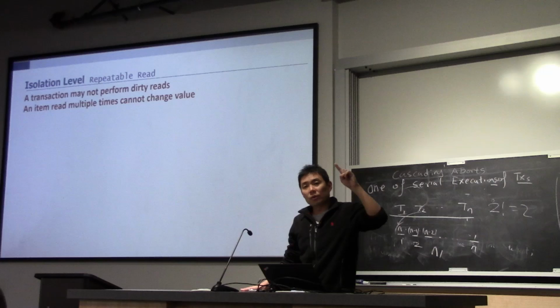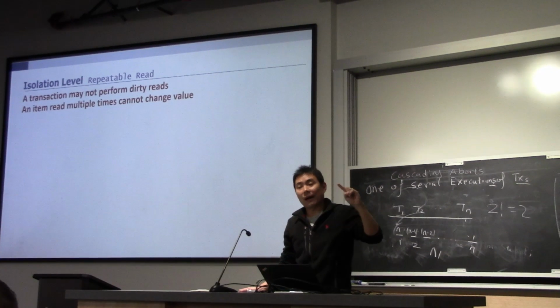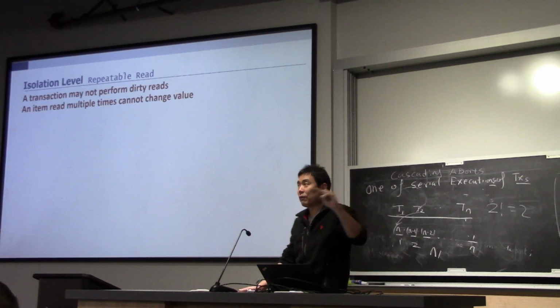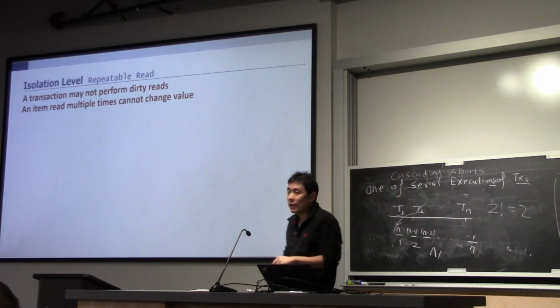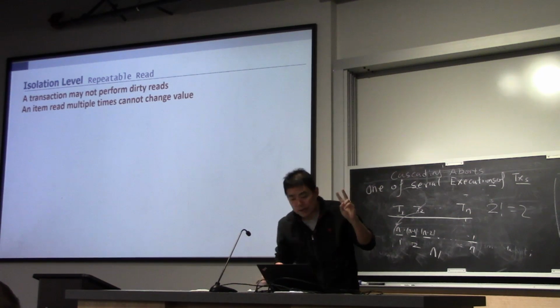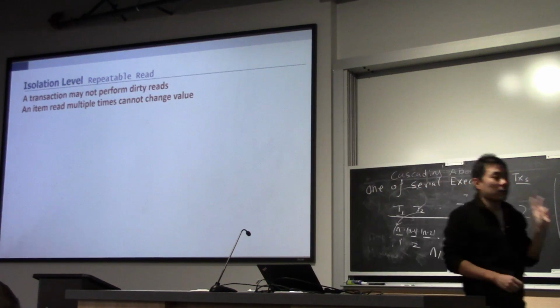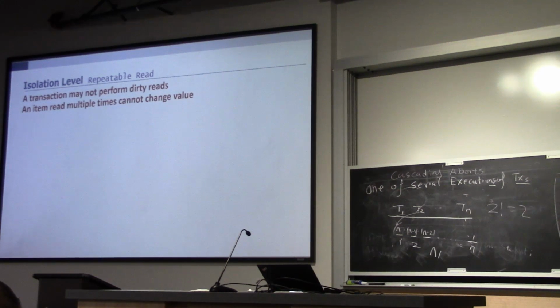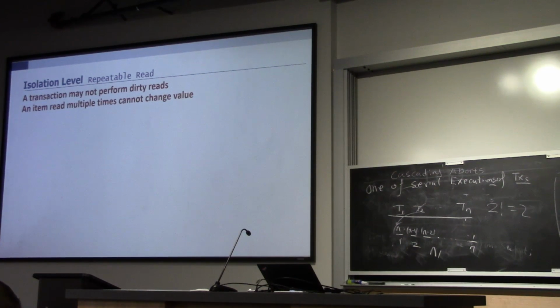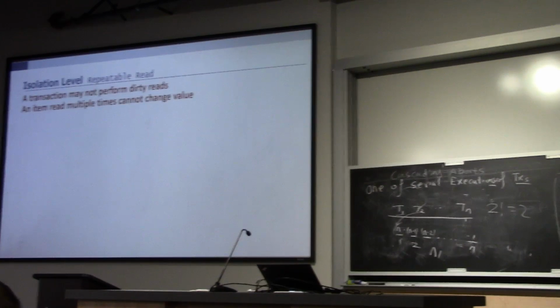Because of this, to disallow things like this from happening, people define this isolation level called repeatable read. Repeatable read has only two requirements. One, a transaction may not perform any dirty read, no dirty read. Secondly, an item read multiple times cannot change value. If I read the value of enrollment for the first time, it's some value.